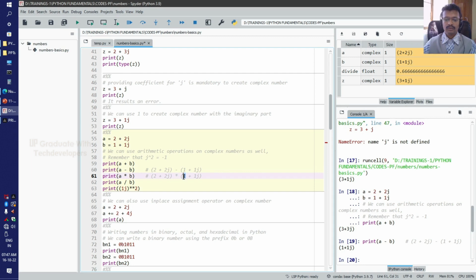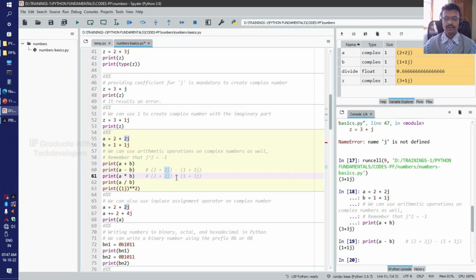So first the real number 1 will be multiplied with the first complex number, and the imaginary term 1j is multiplied with the first complex number. 1 into 2 plus 2j is nothing but 2 plus 2j only, plus 1j multiplied with the 2 is nothing but 2j, and 1j multiplied with the 2j is nothing but 2j square. So j square becomes minus 1. So 2j square means minus 2.